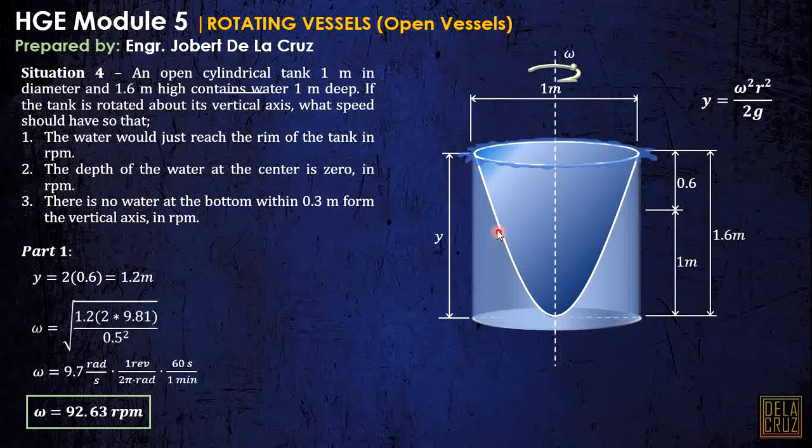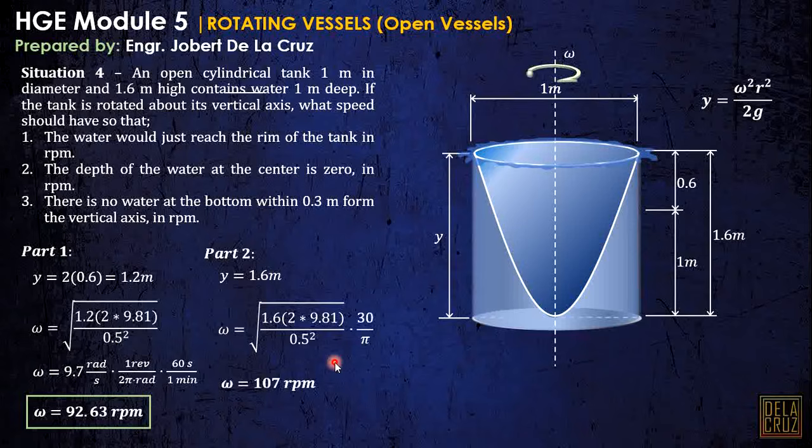So, in this case, klarong-klaro, yung y natin is the height of the cylinder. Okay, so our y here is 1.6. Then again, using this one, I just rearrange or simplify. Then we can have the value of omega. Again, diretso ko na lang siya, 30 over pi. Okay, para hindi na tayo dumaan dito. Then, ito yung answer.